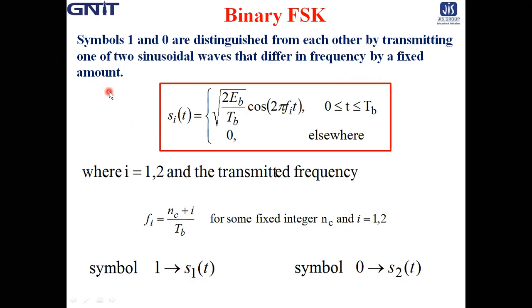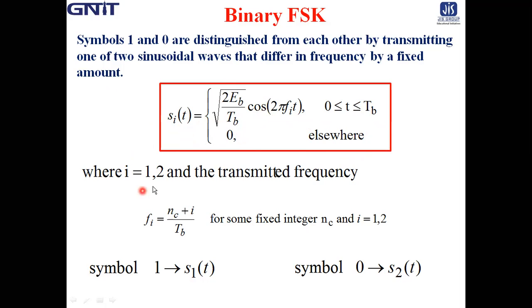A typical pair of sinusoidal waves is described by s_i(t) equal to square root of 2E_b by T_b cos 2 pi f_i t, where t belongs to 0 to T_b, otherwise it is 0.